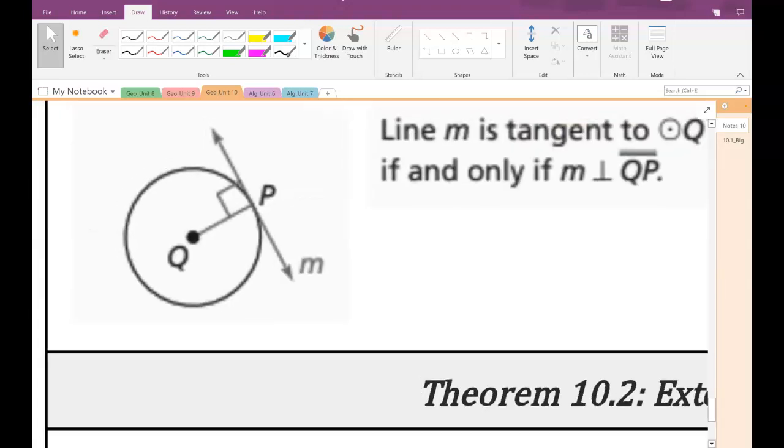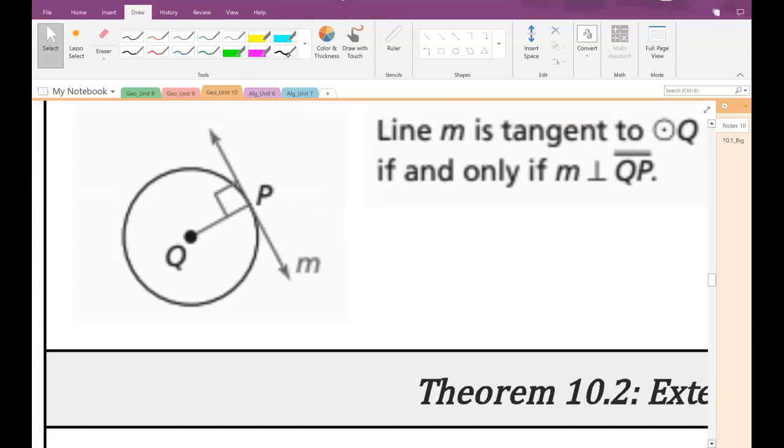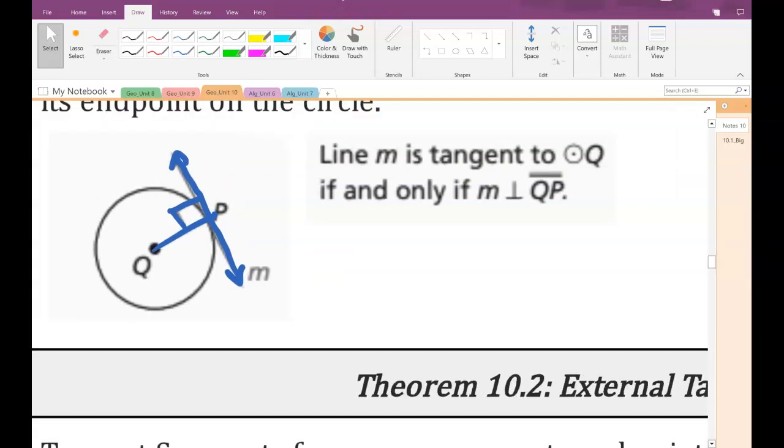Here we have our tangent M, and it is making a 90-degree angle with our radius PQ. So we can condense this and say line M is a tangent to circle Q if and only if line M is perpendicular to QP, which is our radius. So tangents are perpendicular to radii.